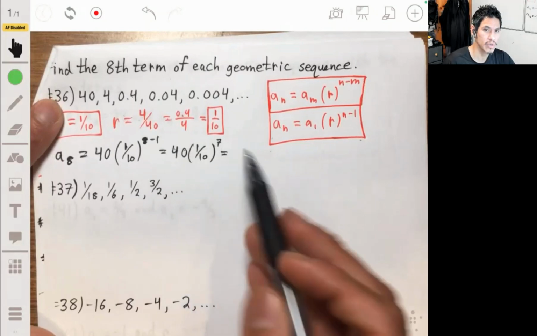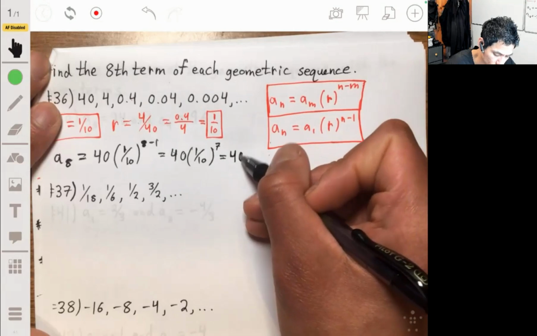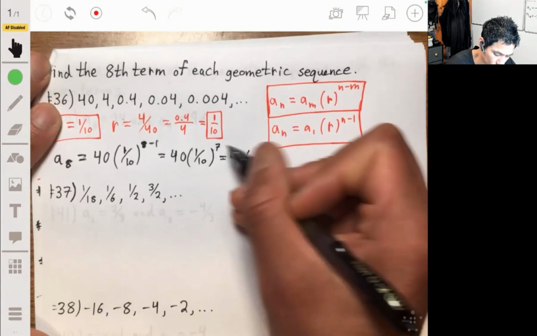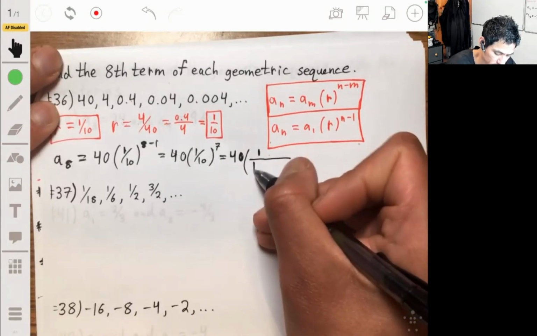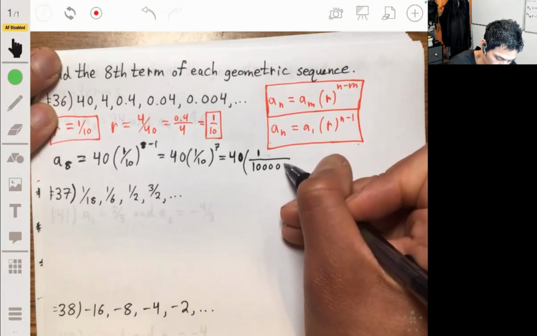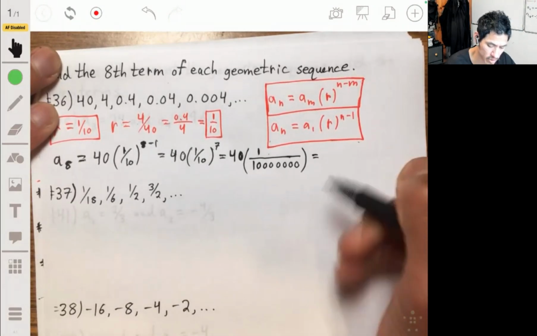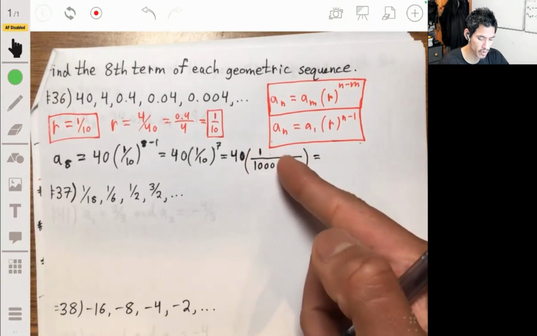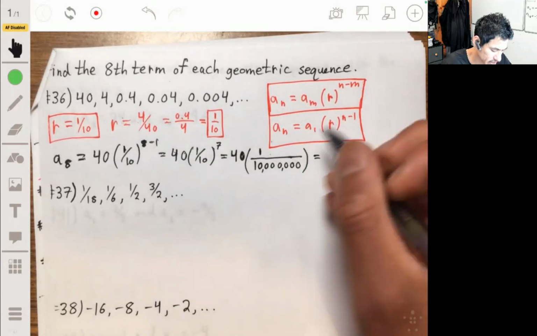So 40 times 1 to the 7th, which is just 1, over 10 to the 7th, which will be a 1 followed by 7 zeros. Multiplying this by 40, we got 10 million. 40 over 10 million.